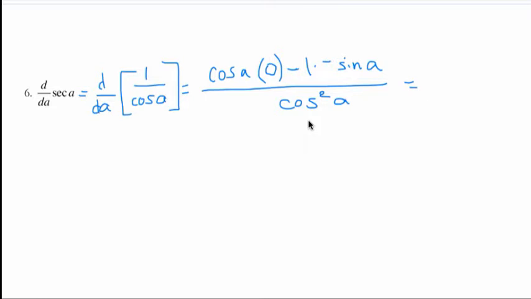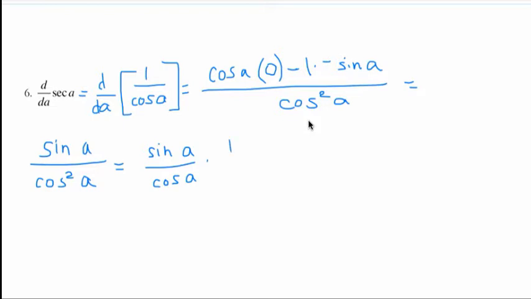Our numerator is positive sine x over cosine squared. There are actually many ways you can simplify this, but a fairly standard one in calculus is to separate this into sine over cosine times 1 over cosine, which can be written as secant times tangent.